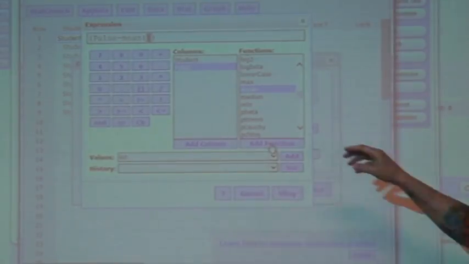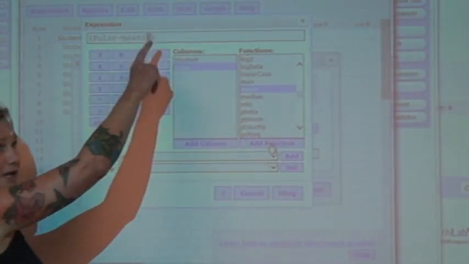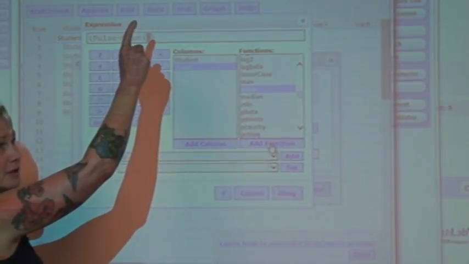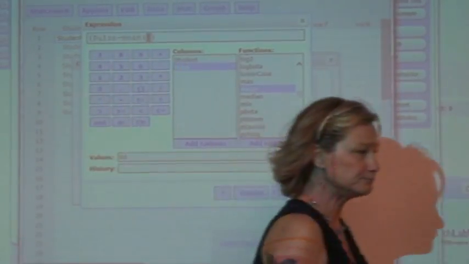So scroll down to where it says mean, click on that and Add Function. You'll see another set of parens open after the command mean. So it wants you to tell it which data you want it to find the mean of, which is the pulse rates.